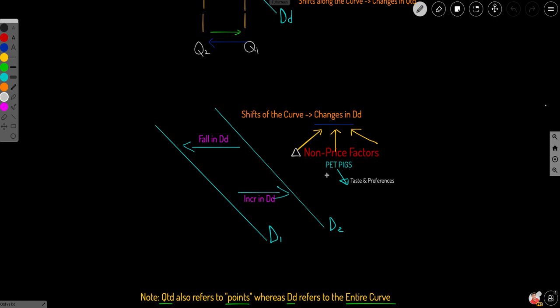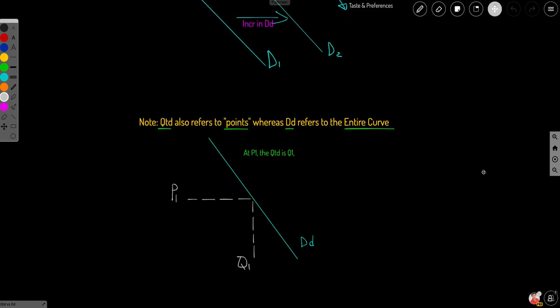That's an example of non-price factors. So when we say changes in demand, it means the entire demand curve is shifting, and it is due to changes in non-price factors.